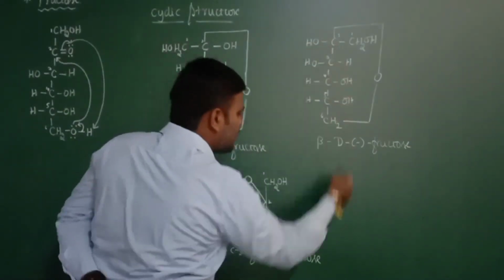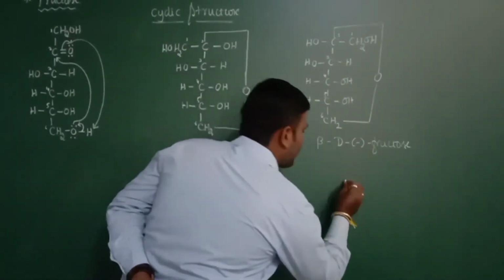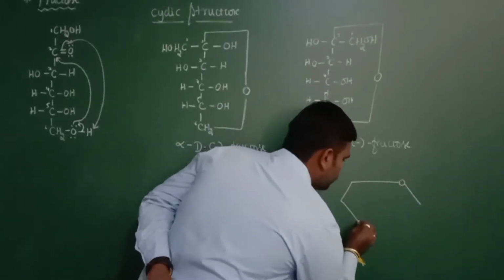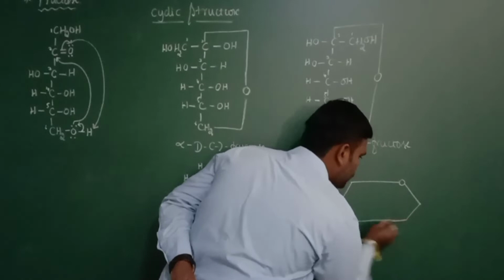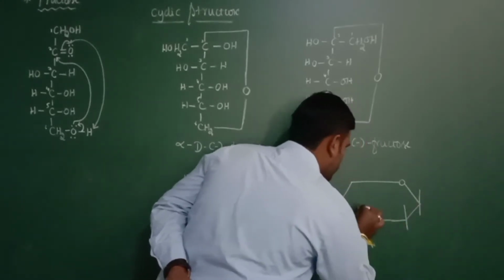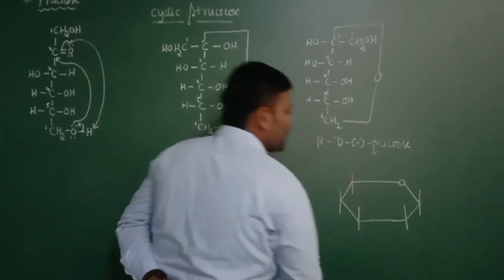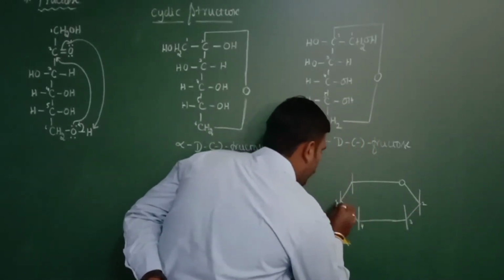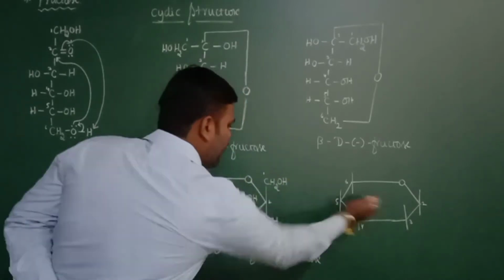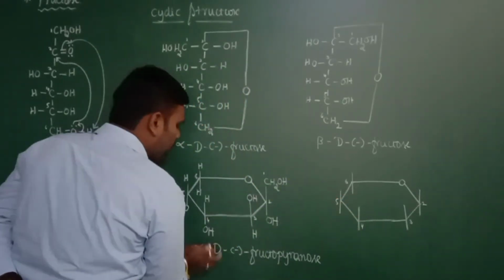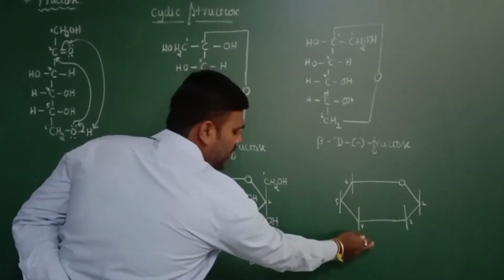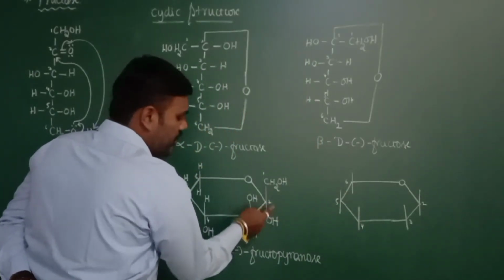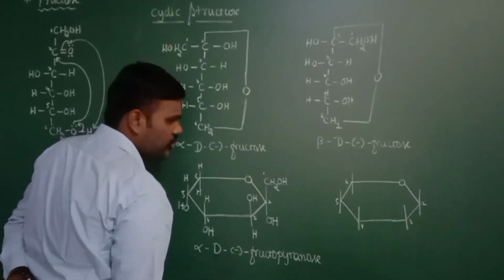Let us write the Haworth form for beta D fructose, and let us have the skeletal structure first. So this is the structure. So we know that it's 2, 3, 4, 5, and 6. Everything will be same for both alpha D fructopyranose and beta D fructopyranose, except the arrangement at second position, that is OH and CH2OH.